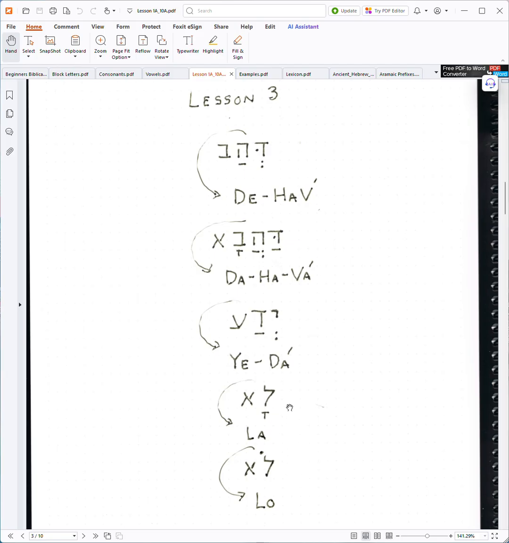So that's why when Peter denied Christ 3 times, he was saying in Aramaic, la, and they were thinking lo. And so they knew right away he was from Galilee because of the way he was speaking.